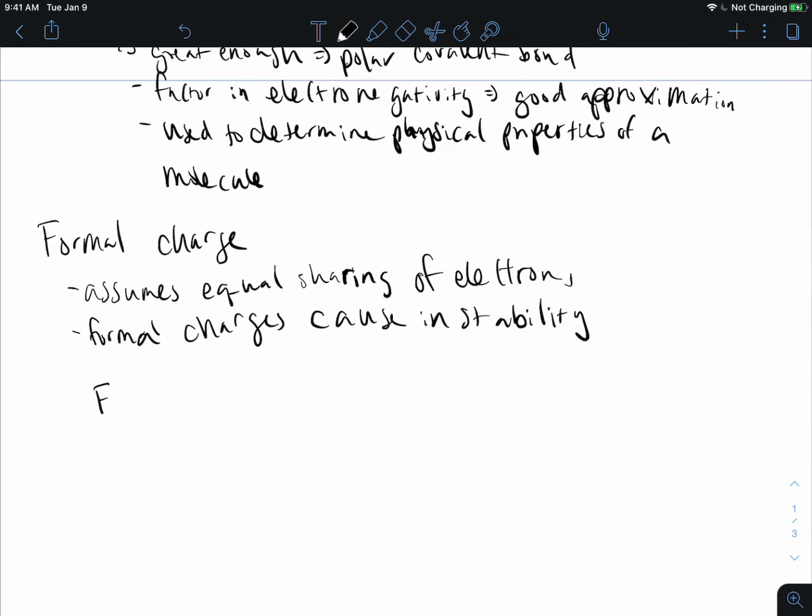So to determine our formal charge, this is going to be equal to the number of valence electrons, and this is for an atom.